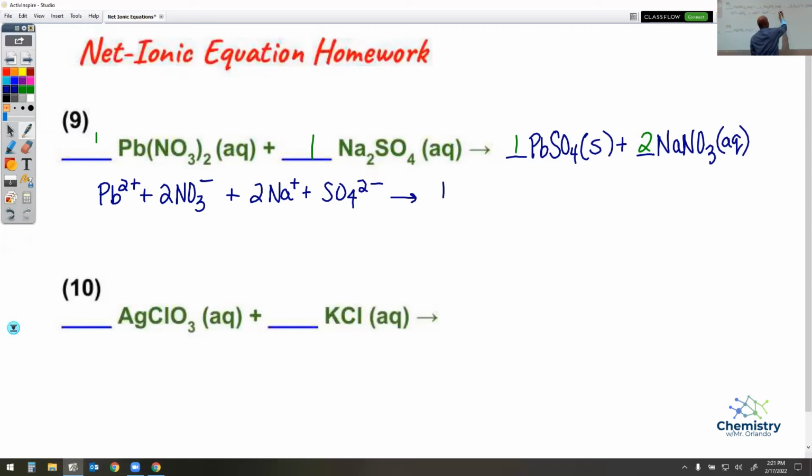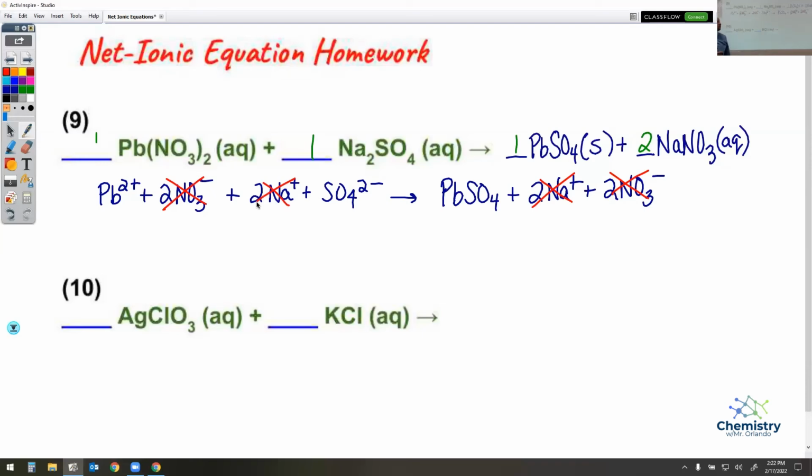On the product side, we're going to keep together our solid precipitate, lead 2 sulfate. We're going to break apart our sodium nitrate into 2 sodium ions plus 2 nitrate ions. Eliminating spectator ions, we are going to get 2 nitrates on the left, 2 nitrates on the right, 2 sodium on the left, and 2 sodium on the right.